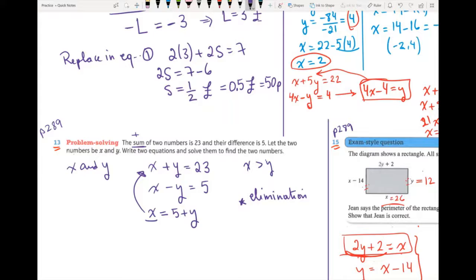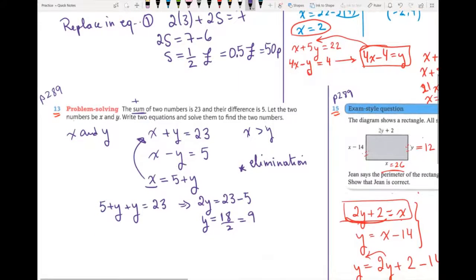So 5 plus y plus y is equal to 23. Therefore 2y is equal to 23 minus 5. y is equal to 18 over 2, which is equal to 9.